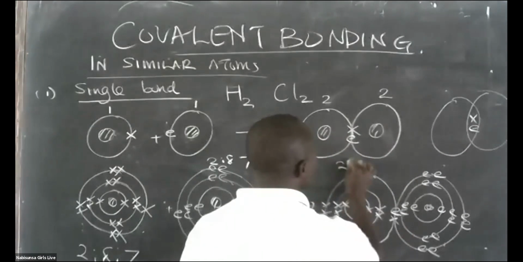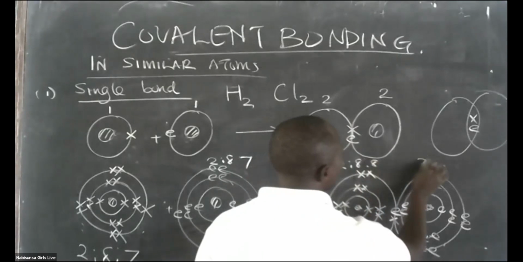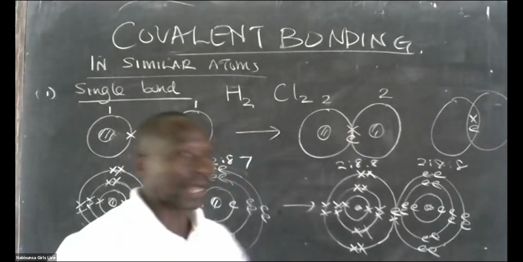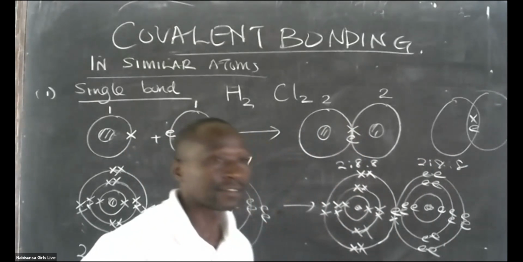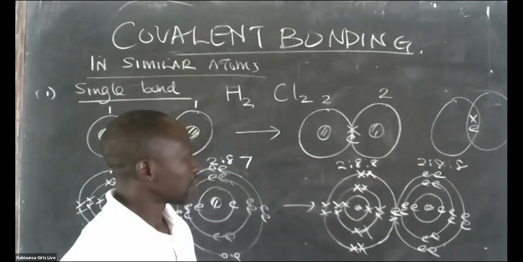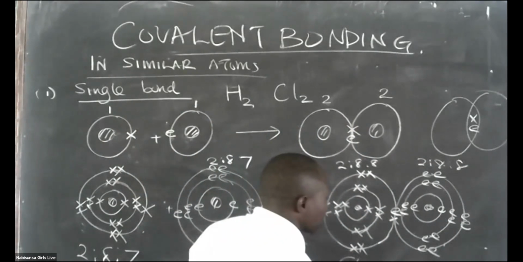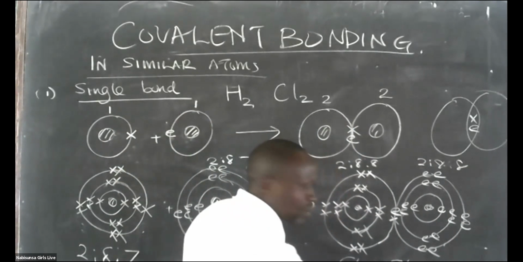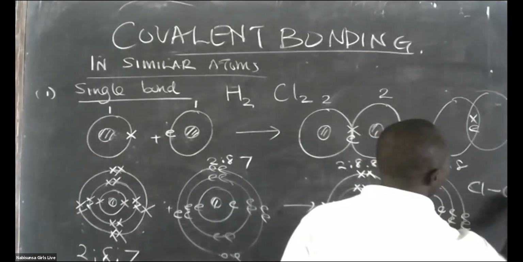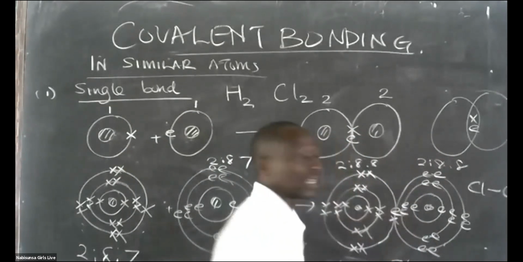So the EC is now 2, 8, 8, 2, 8, 8 as a result of sharing. You get it? So what is it? Cl, single bond, Cl. Why single bond? Two electrons have been shared.